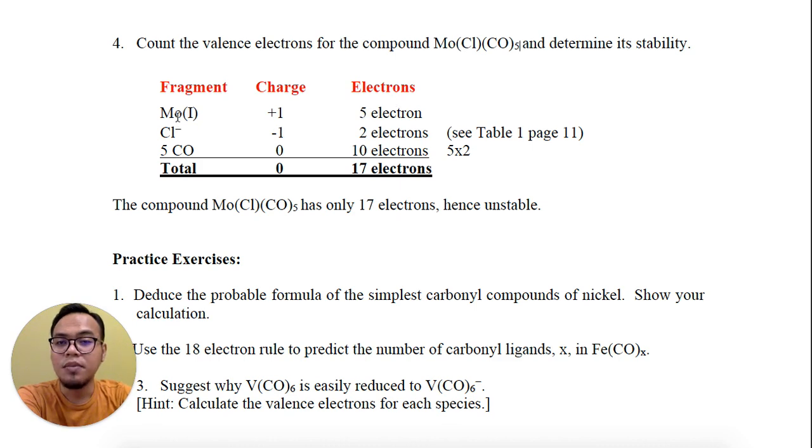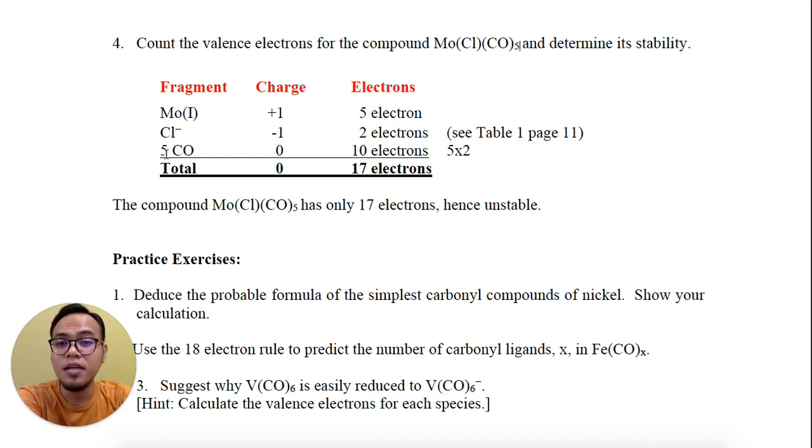So Mo is coming from group 6, column 6. But since it has a positive 1 charge, we have to minus 1 electron. Chloride, negative 1, obviously. How do you know it is 2 electrons? You have to refer to the table as I have shown you earlier. And it is 5 carbonyl.